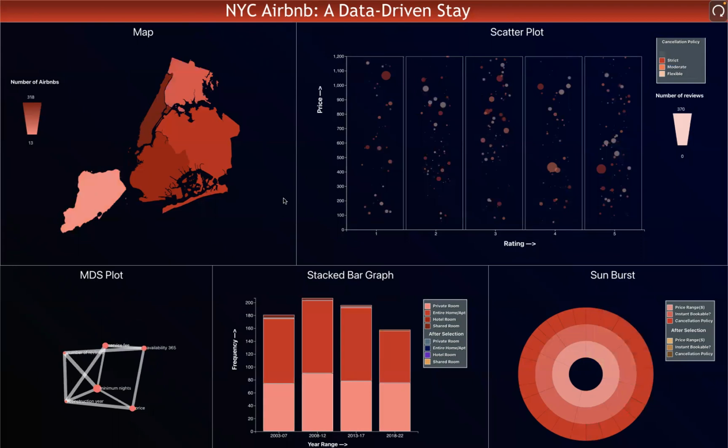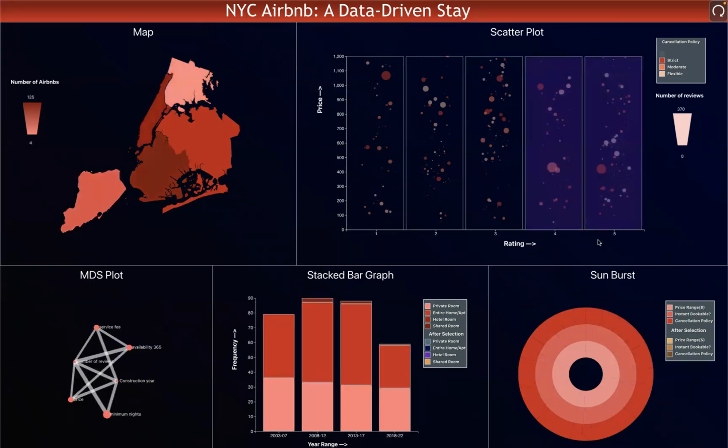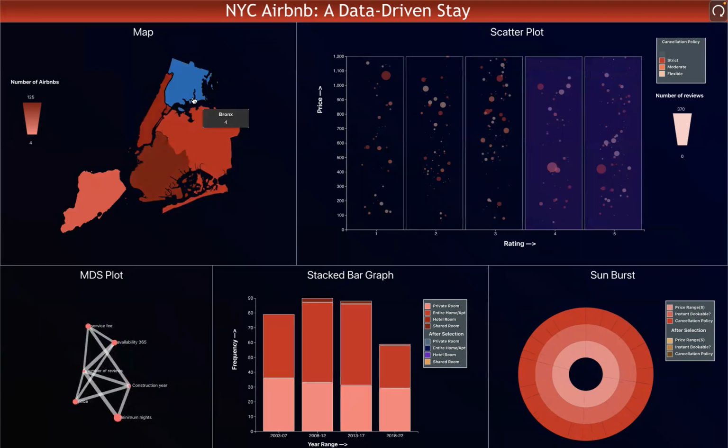So let's suppose I'm a newcomer and I want anything with a rating greater than 4. So I'll select 4 and 5. For 4 and 5 ratings, they are mostly located in Brooklyn and Manhattan, and the fewest of them are present in Bronx. So I'll probably look in those areas. I'll also probably have a preference whether I want a private room or an entire home.